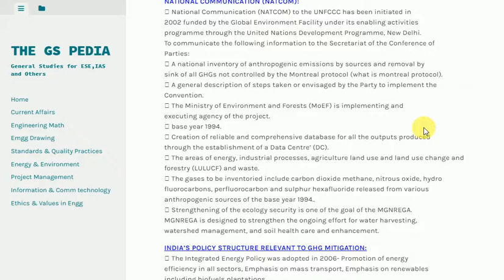India's policy structure relevant to GHG mitigation. The Integrated Energy Policy was adopted in 2006.